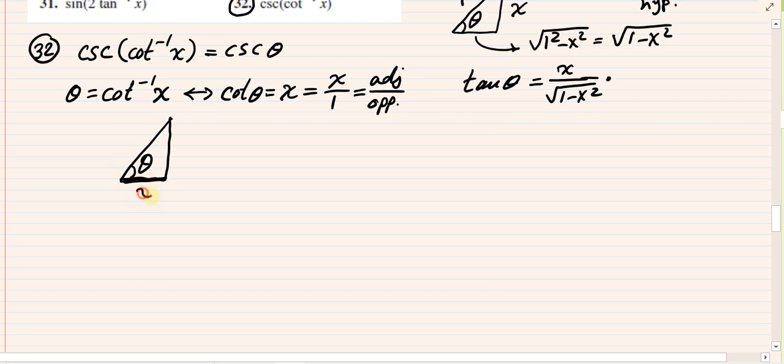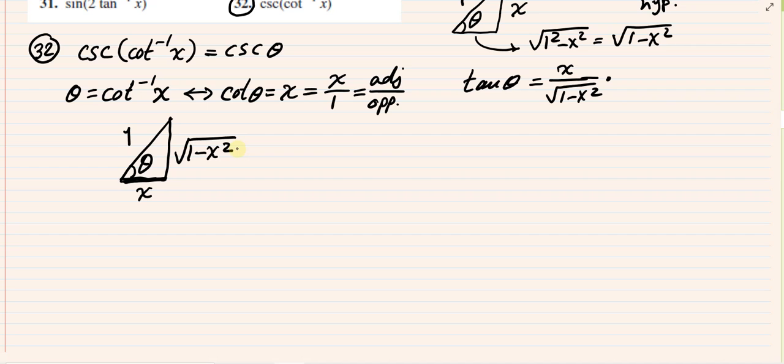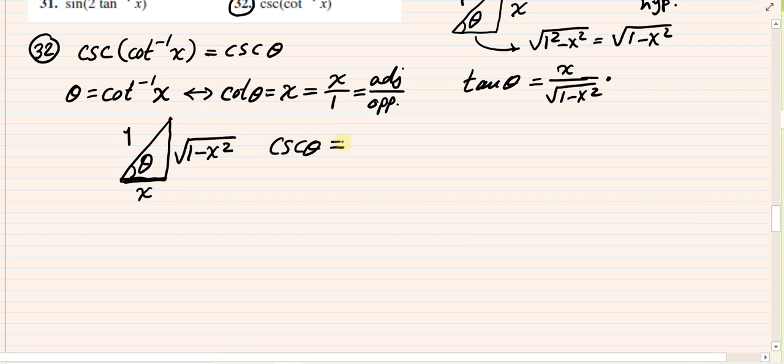Now, adjacent is x, hypotenuse is 1. By Pythagorean, the opposite side would be the square root of the square of the hypotenuse minus the square of the other side. And there you have this one. And from this, now we can get cosecant of theta. And remember, cosecant is 1 over sine.